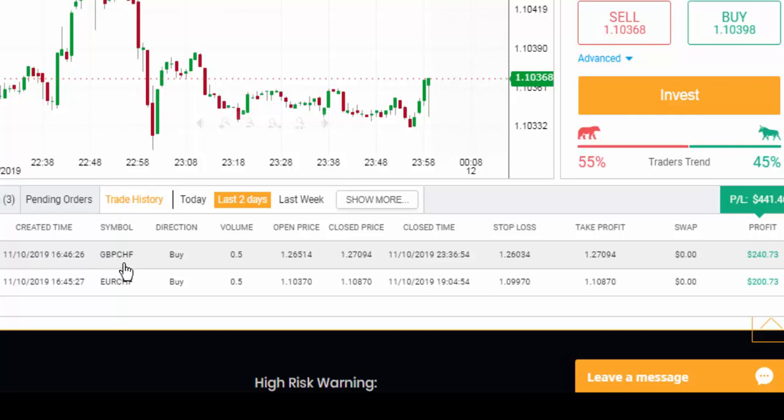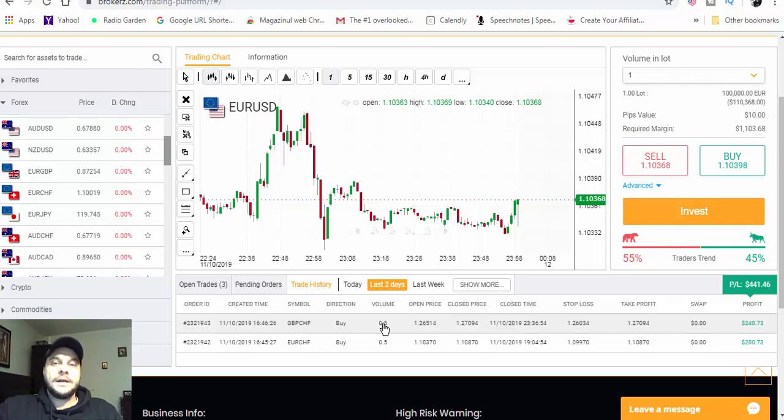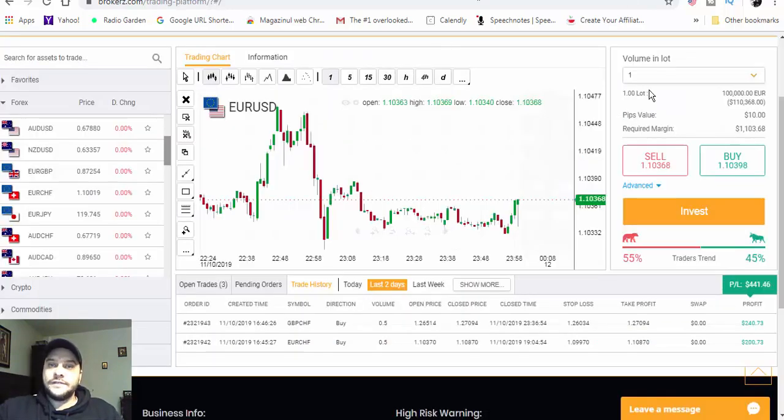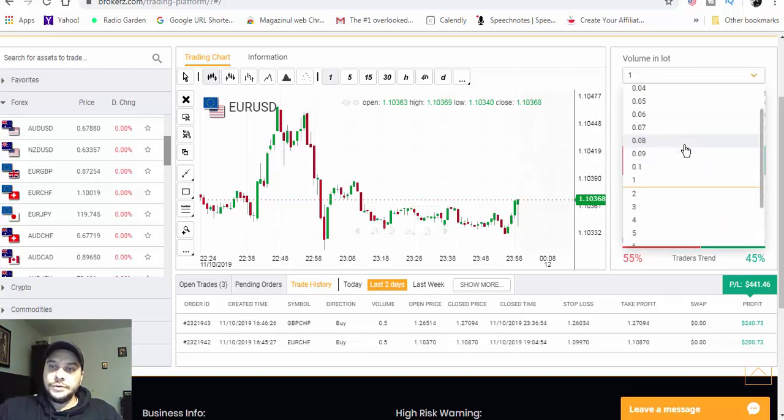So this trade is GBP Swiss franc, and the lotting volume is 0.5. Another question you asked is how you set the lotting volume. The lotting volume is set by the Btrade Signal Pro software according to your account balance. If you start with $250, you will see that the lot volume will be lower.